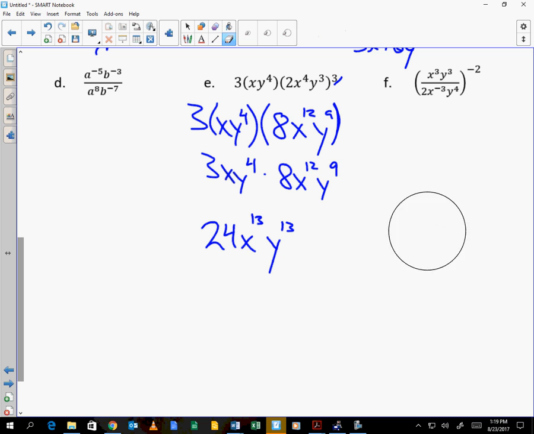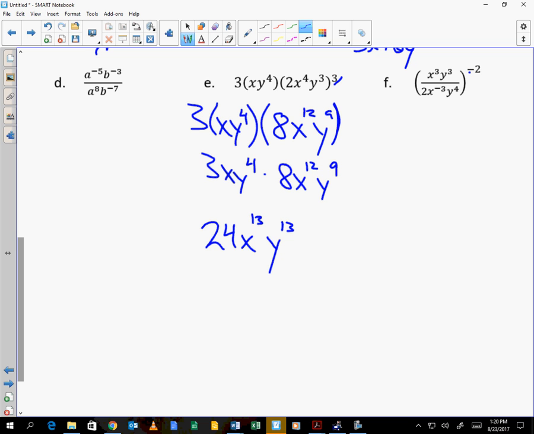Okay, how about f? There's about 5 different ways to do this. What would be your first choice for approaching this type of problem? Okay, so you want to flip everything. Do I move the 2? Is the 2 being taken to a negative power?